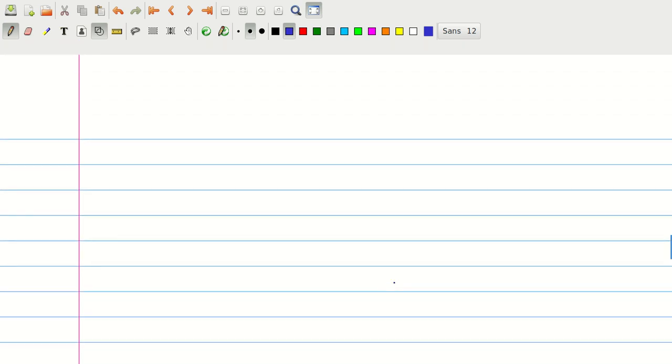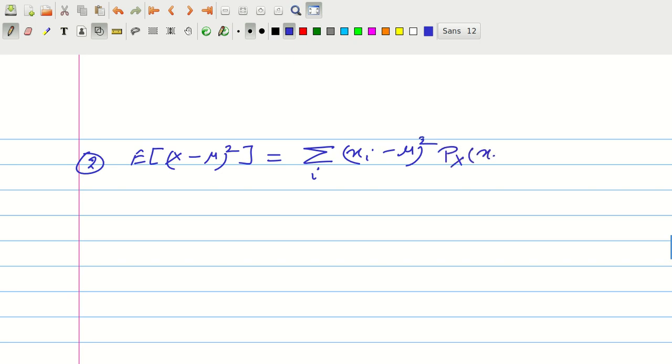Let us now look at the second central moment when n is equal to 2. So we have E of x minus mu to the power 2, which becomes summation over all i of xi minus mu squared into px of xi, which when we expand, we get xi square minus 2 mu xi plus mu squared into px of xi.